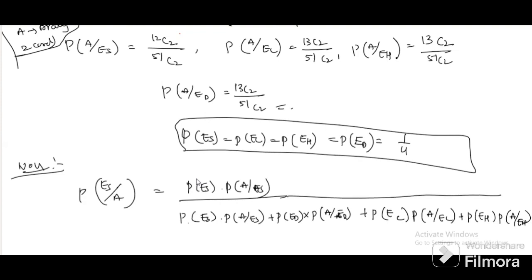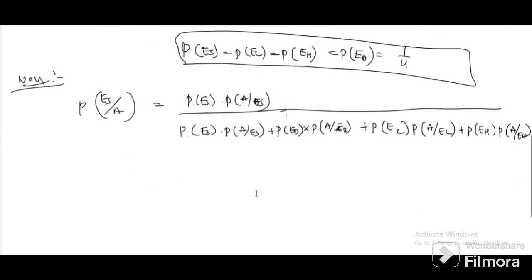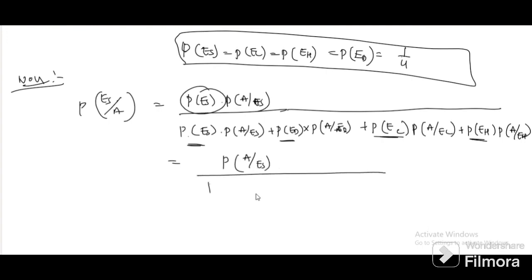This is the way we write the Bayes theorem. All of these P of E are equal to 1 by 4, so it will be cancelled. P of A by ES over P of A by ES plus P of A by ED plus P of A by EC plus P of A by EH.